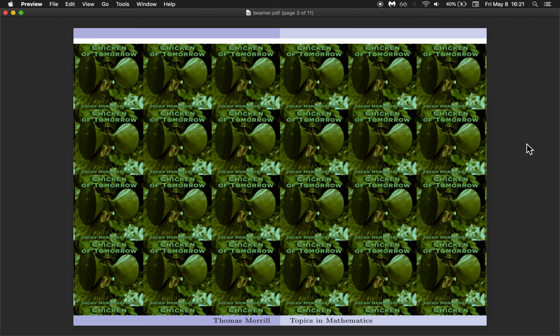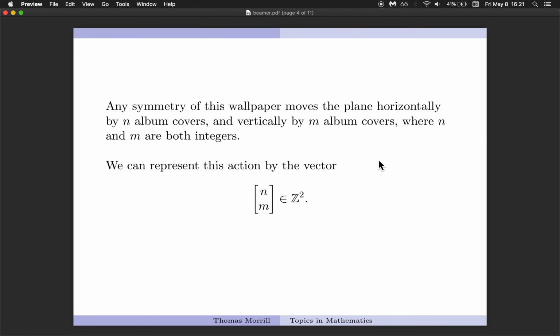Now, this is sort of the visual idea of what's going on. In terms of algebra, let's bear in mind that I can only move over by whole numbers of my boxes, my album covers in this case. So if I think about moving vertically by M album covers and moving horizontally by N album covers, then I can represent that as a vector.